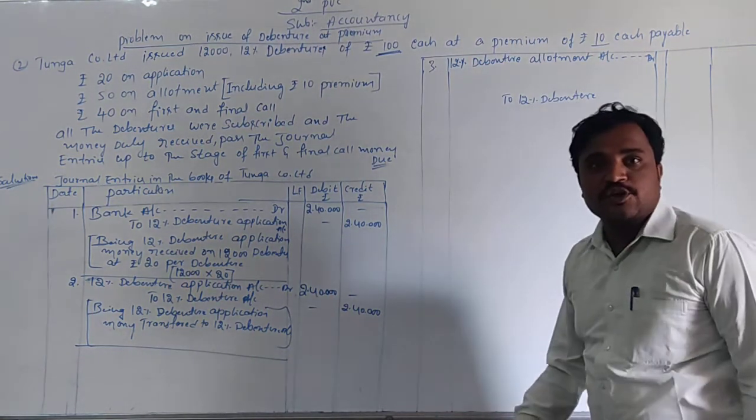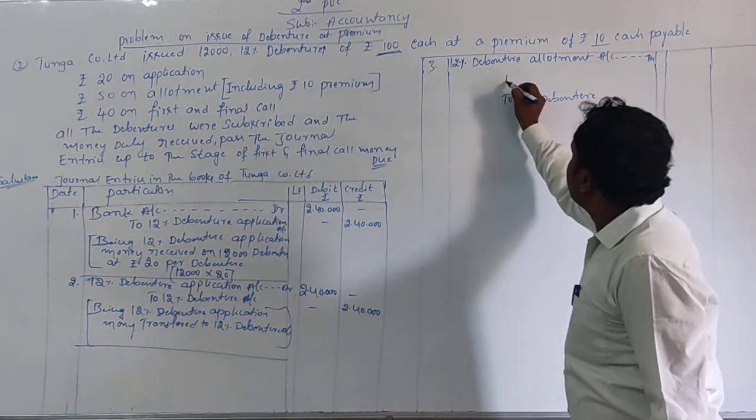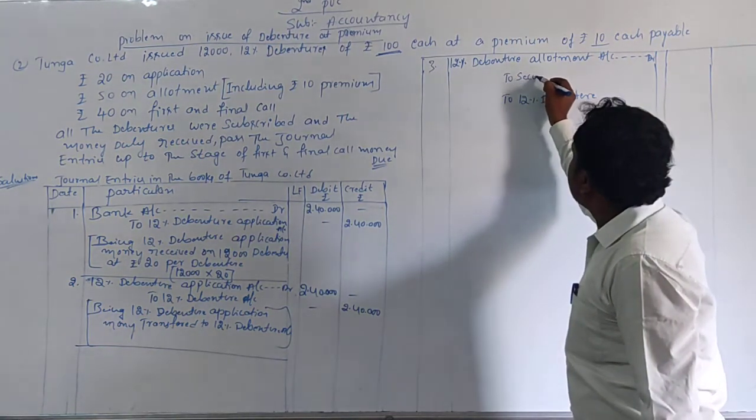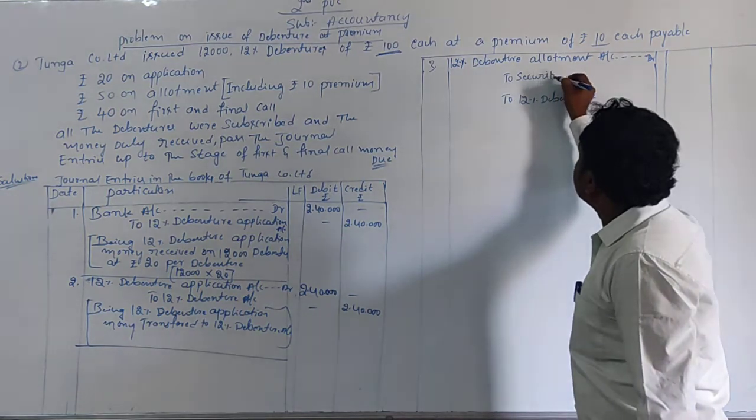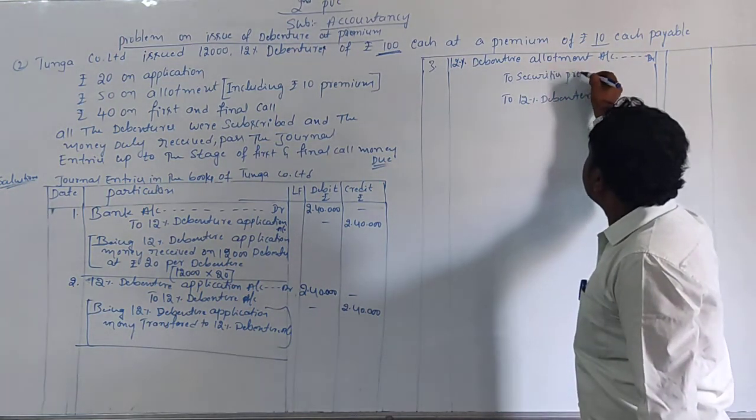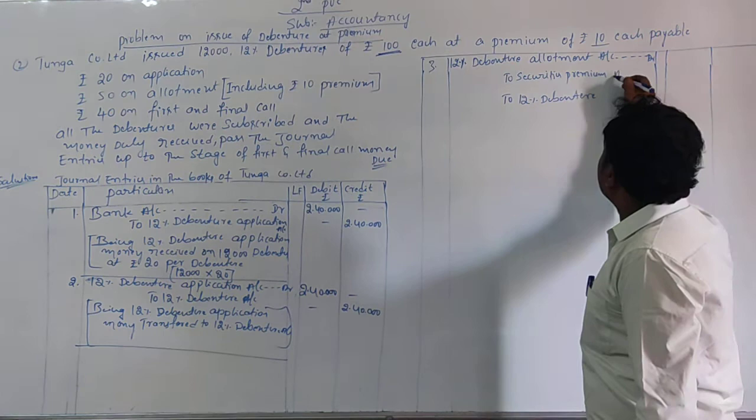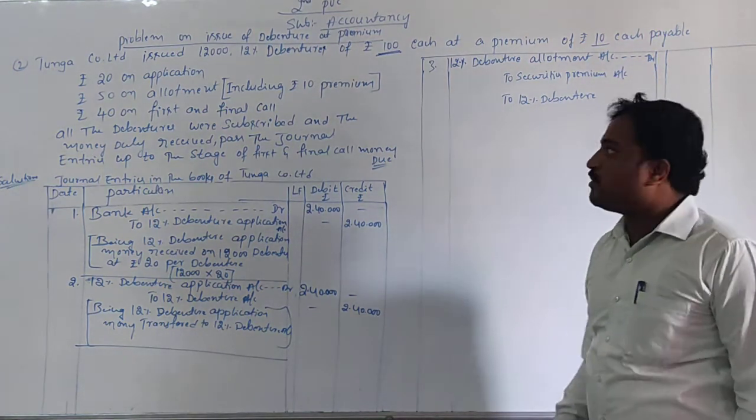But when securities premium is given, it should be written on the credit side only: to securities premium account. How do we calculate the amount?